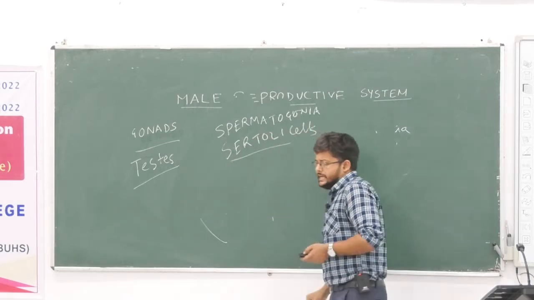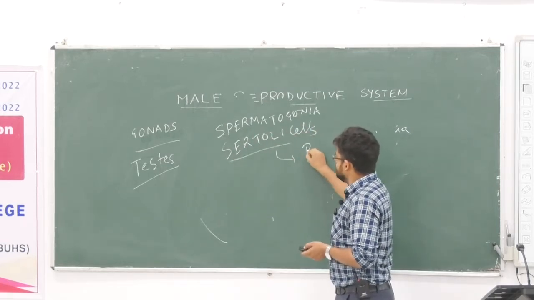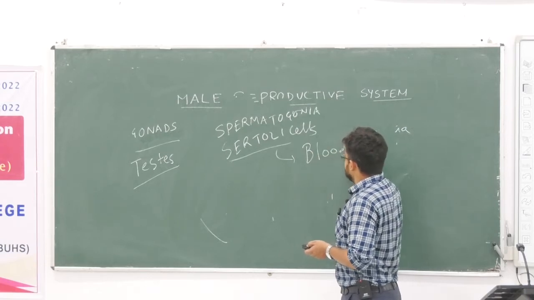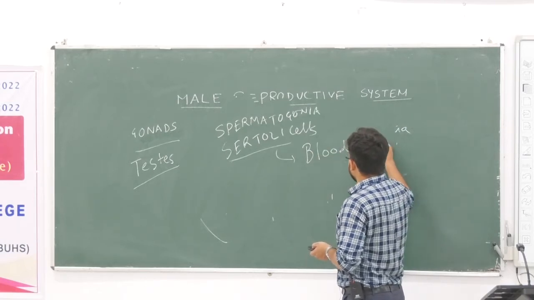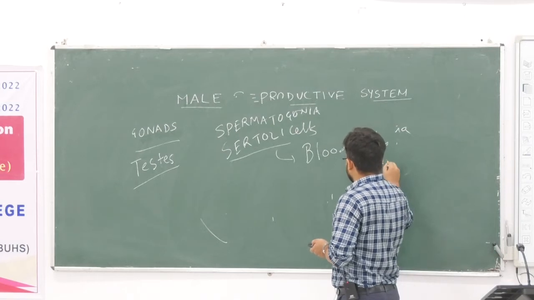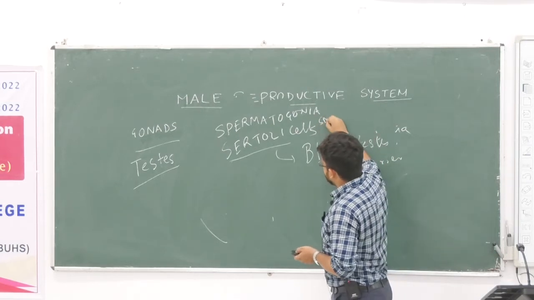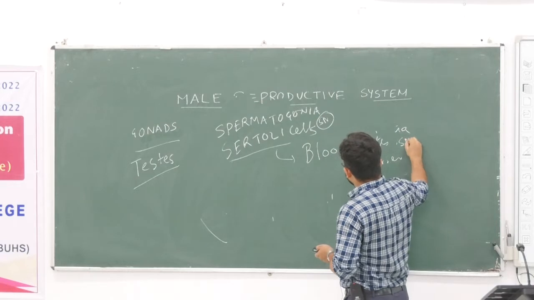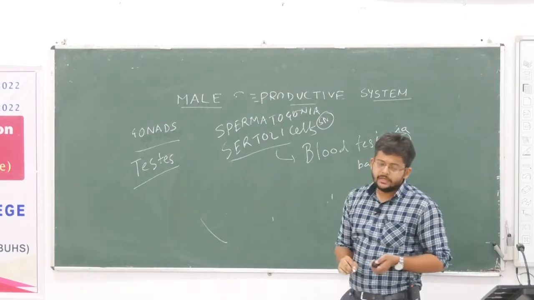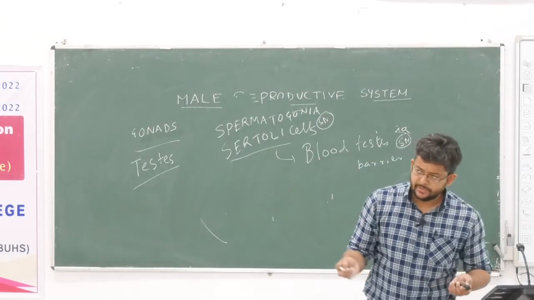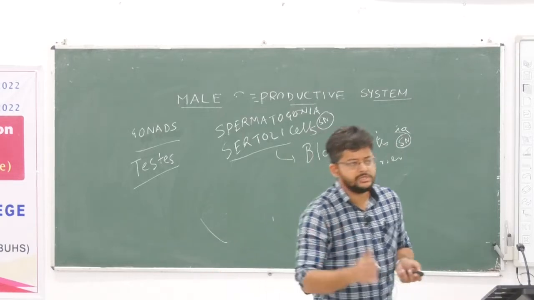The Sertoli cell forms the blood testis barrier. Both can be short notes, this can also become a short note. You can write down a few points I will say, if you wish.